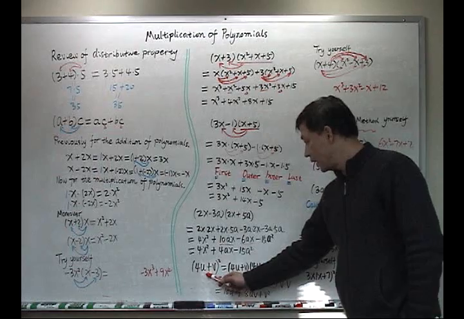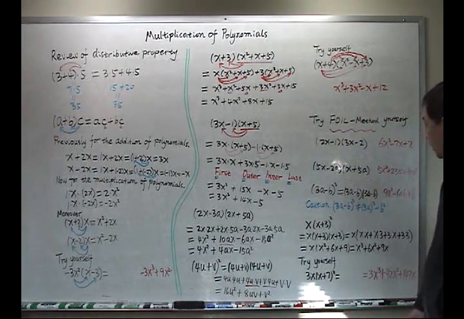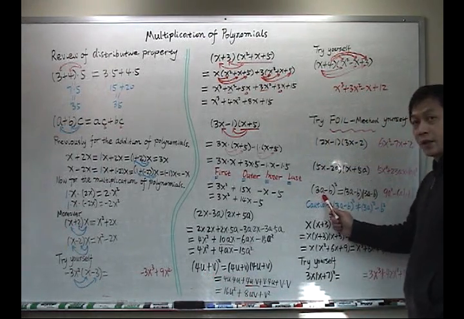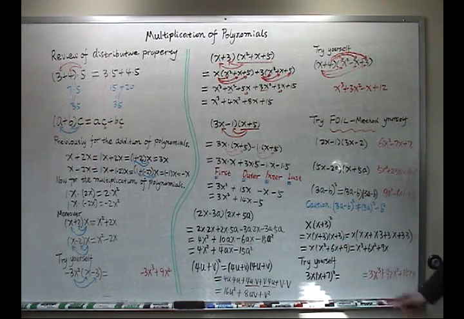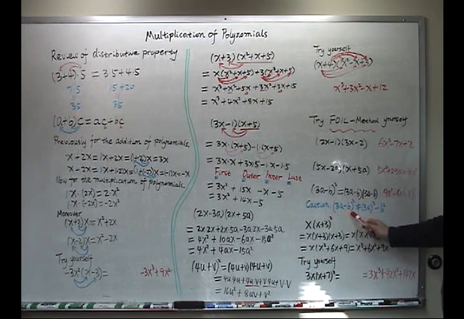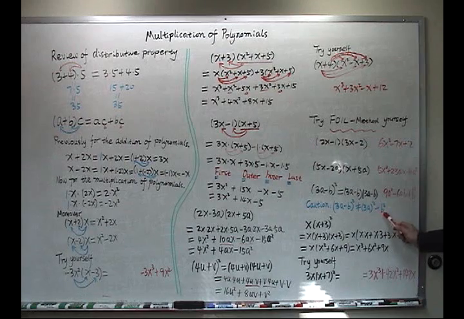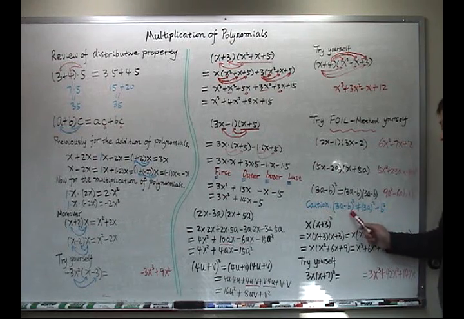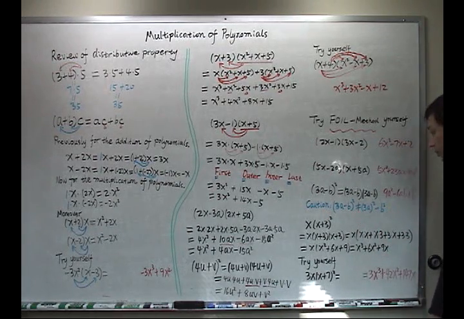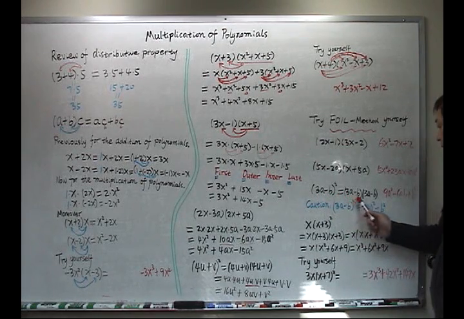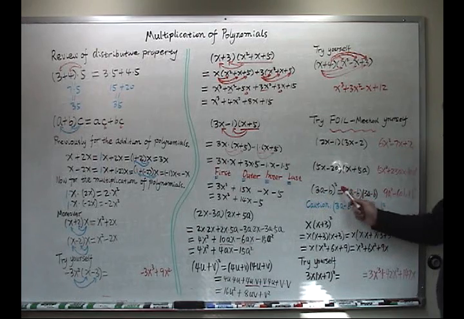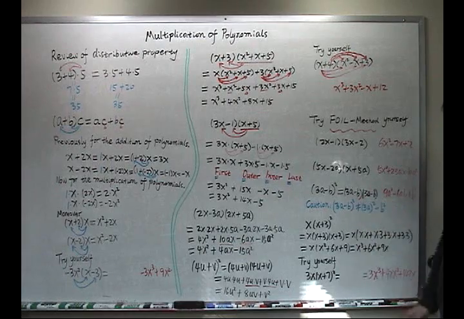Now, similarly to this one, we have the one right here. 3a minus b squared. Caution. 3a minus b squared is not 3a squared minus b squared. This is a popular mistake if you write them equal. What you should do is 3a minus b times 3a minus b, because squared means two quantities like this.